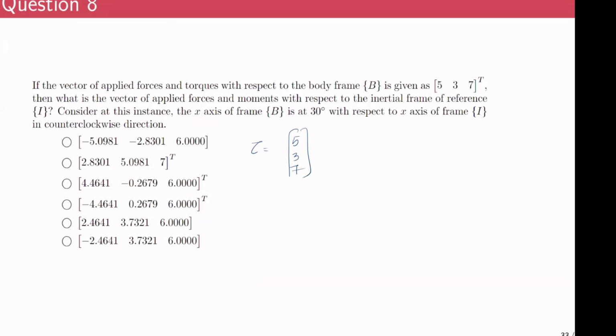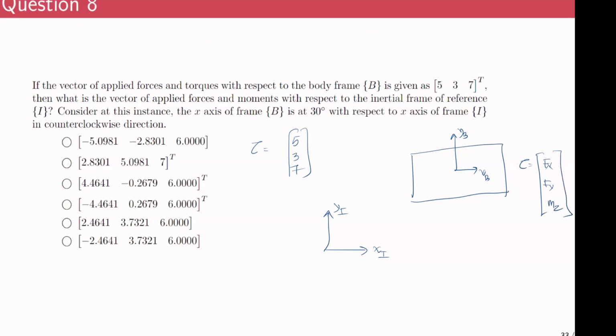So if your body frame of reference is given as xb and yb, and this inertial frame of reference is somewhere here, xi and yi, and this tau is nothing but the forces and moments about the body fixed frame of reference, fx, fy, mz. You are asked to find out this tau eta, with respect to the inertial frame of reference.